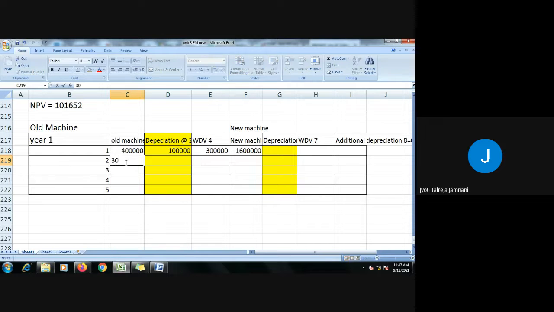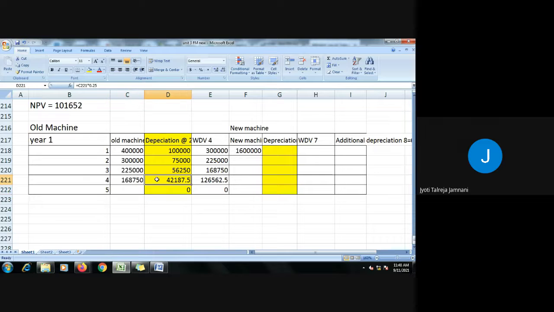Next year we'll take this 3 lakh. Again on 3 lakh we'll find 25%, and we'll do 3 lakh minus 75,000. We'll get 2 lakh 25,000 for the next year. On 2 lakh 25,000, 25% is 56,250. If we subtract it, the written down value is 1 lakh 68,750.